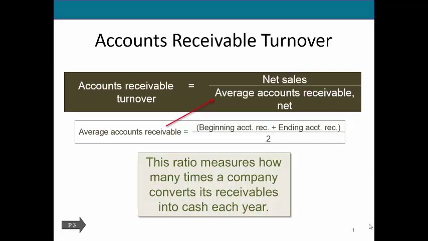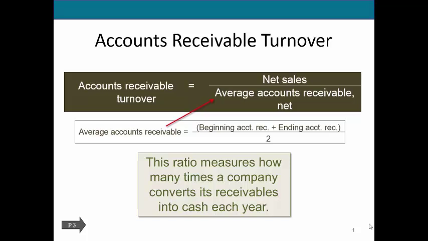Now the next couple ratios that we look at are all ratios that look at how efficiently and how effectively a company is running their business. So we'll begin with the accounts receivable turnover. An accounts receivable turnover is just a ratio that tells us how many times a company turns over or converts their receivables into cash.